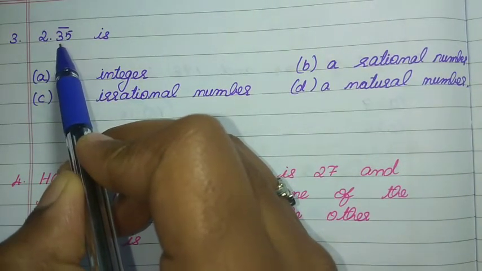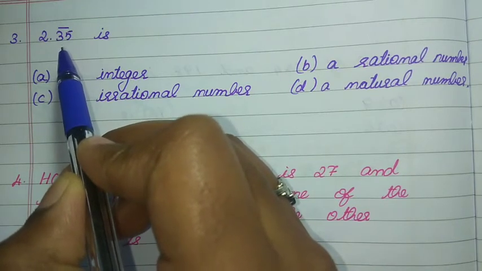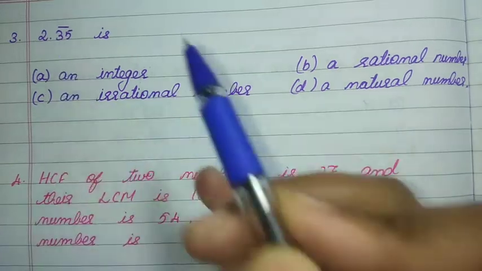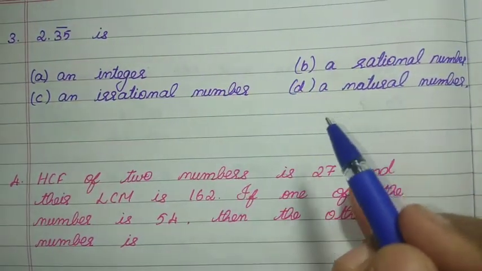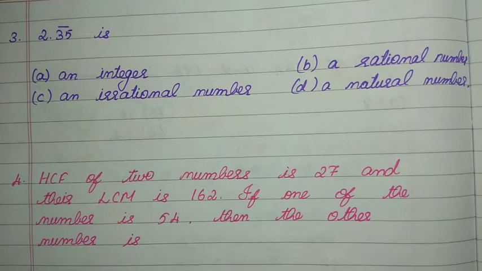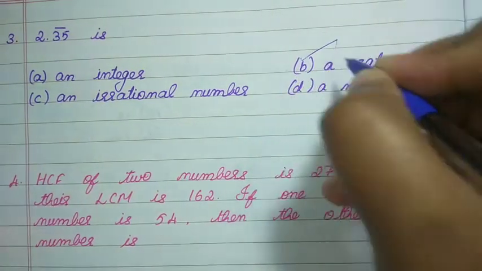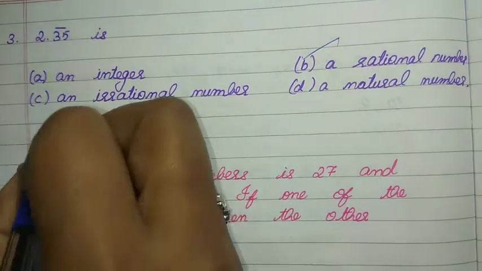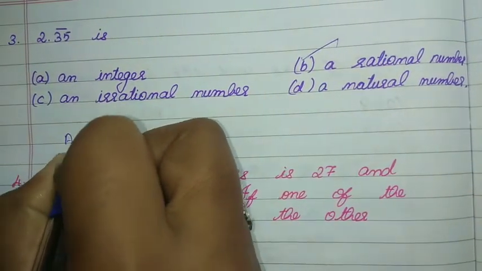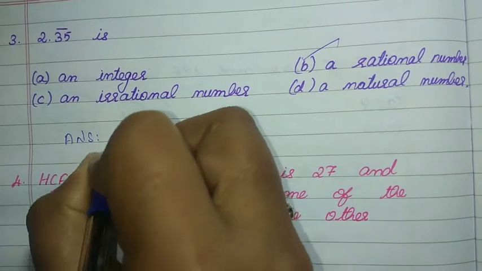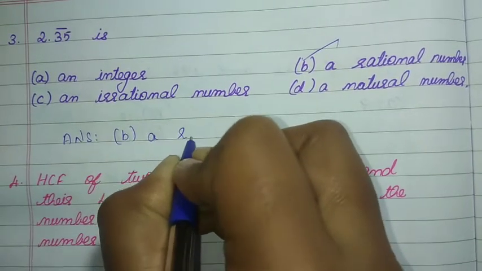First it is decimal, then it is a repeating number. It is a non-terminating repeating number. So I will be just saying that only a rational number can repeat. So I will say that option B is right. So how will you write the answer? Answer as option B, rational number.